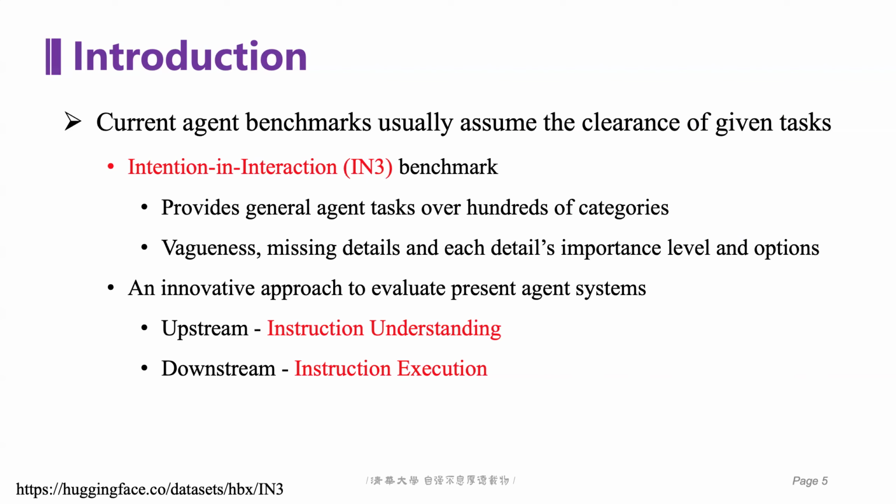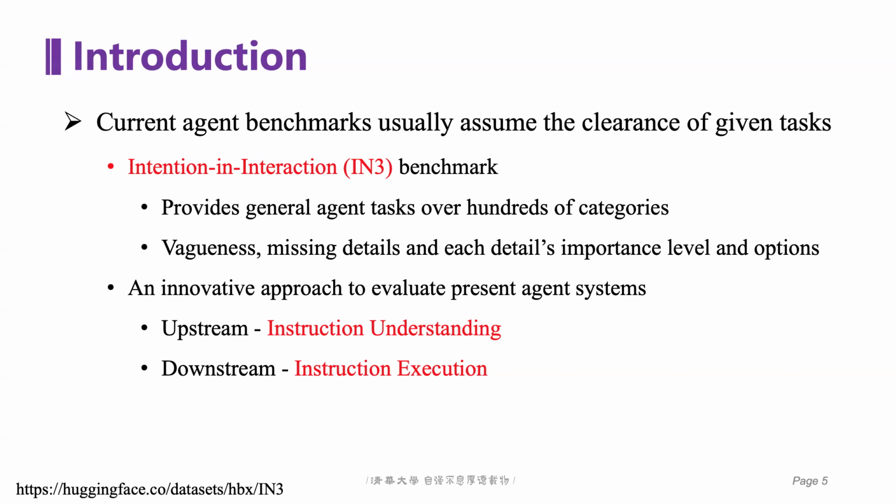Because of this, these benchmarks lack the vagueness of user intention, so current language models are not tested on this kind of benchmark. There is a gap between what users really need the agent system to do and what the current benchmarks measure of the agent's capability.